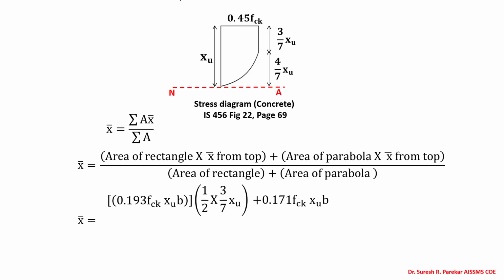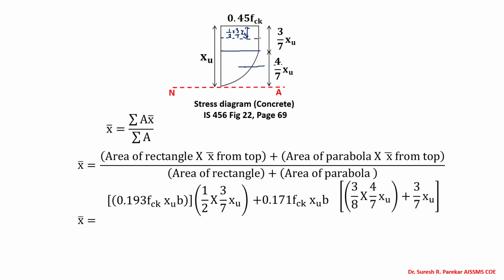So for this rectangular section, we have from top that is half of this one. For rectangle, it will be half of 3/7 xu. So half of 3/7 of xu. And for parabola, we have values that is 3/8 of 4/7 xu plus 3/7 of xu.